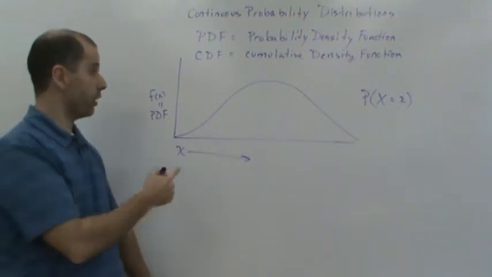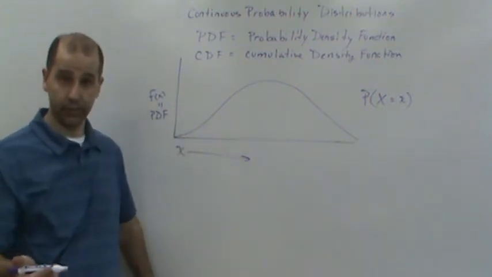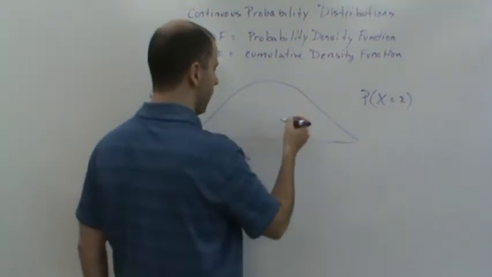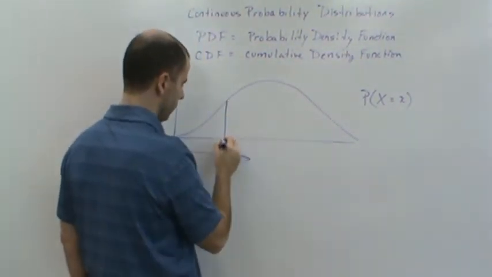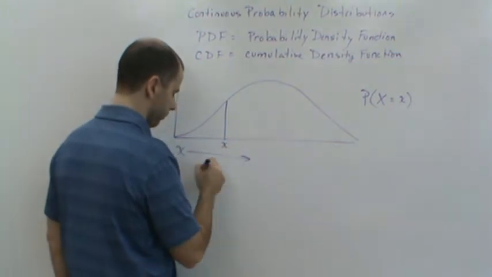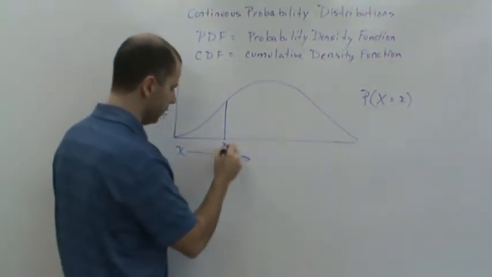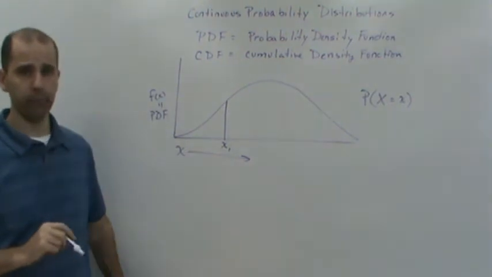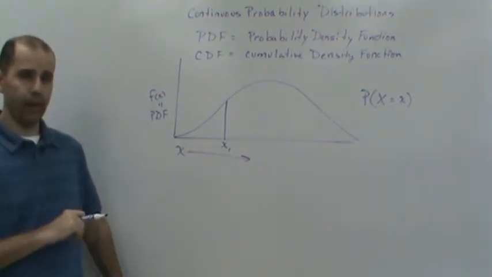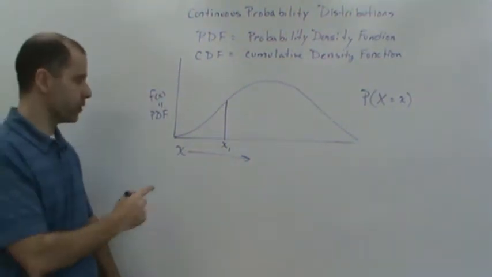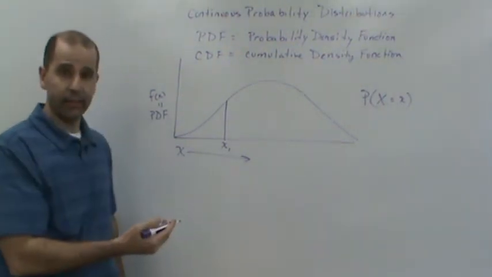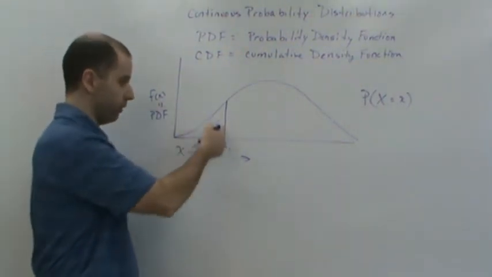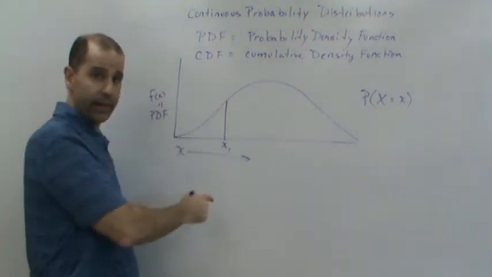But in a smooth curve, we don't have rectangles. So if I want the probability of a particular value of x, let's say here, x1, there is no rectangle. It's just a line. Think about the area under the curve: a line doesn't have an area.